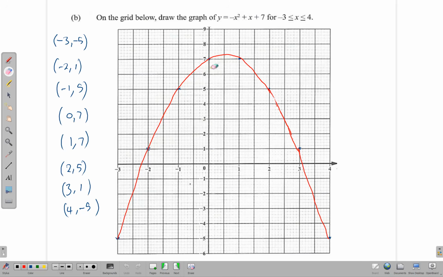So the maximum point on the graph is the point at which the graph turns, and using this line here, you can see that the maximum point occurs right here when x is 0.5. Right at this point, when x is 0.5 here, that's when the maximum happens right here.